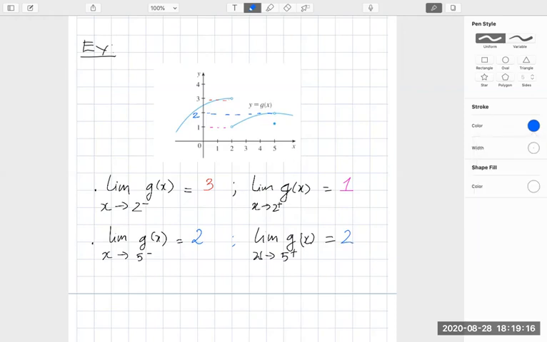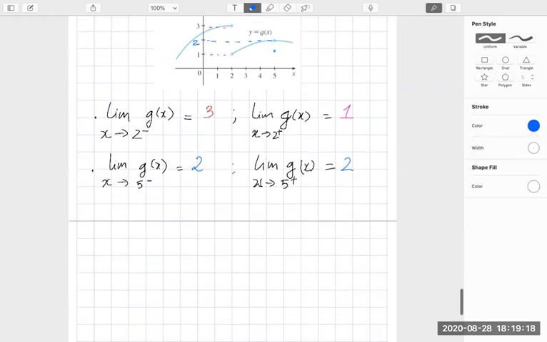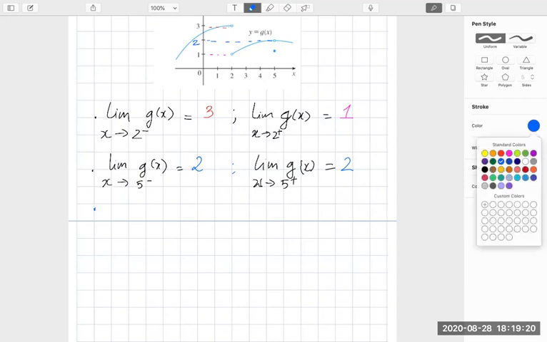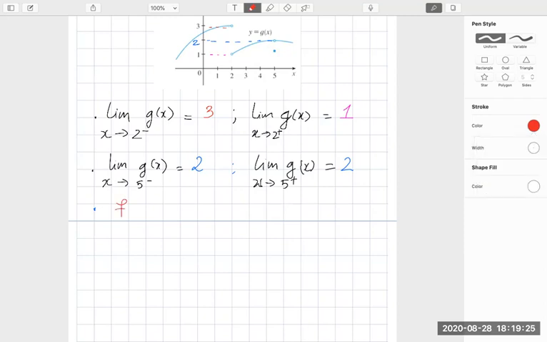However, the value of g at 5 is given by this point, which is 1.